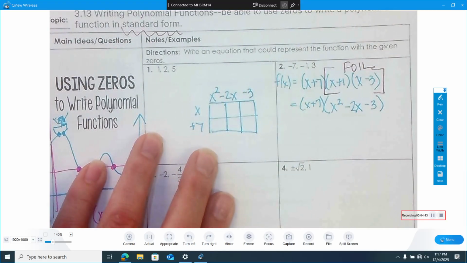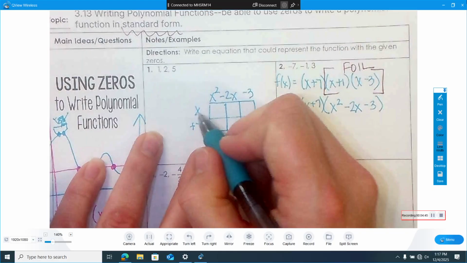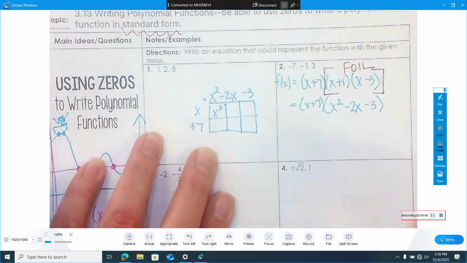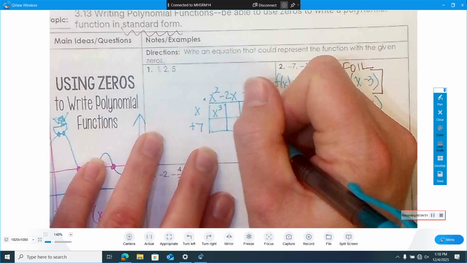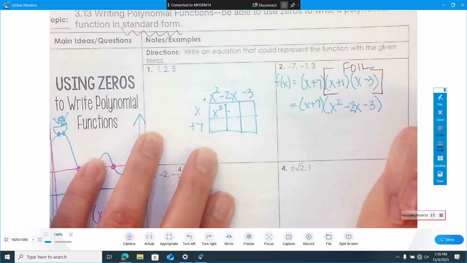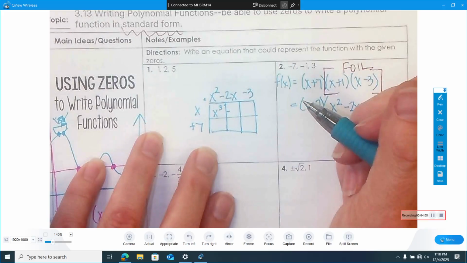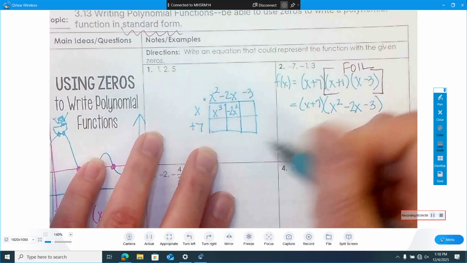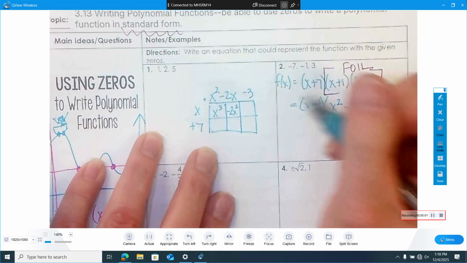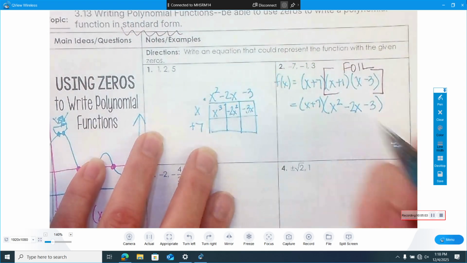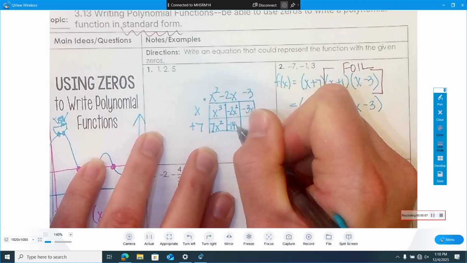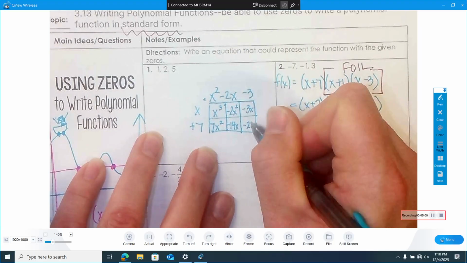And we can multiply these together. x times x squared is x cubed. x times -2x is -2x squared. x times negative 3, negative 3x, 7x squared, negative 14x, and negative 21.